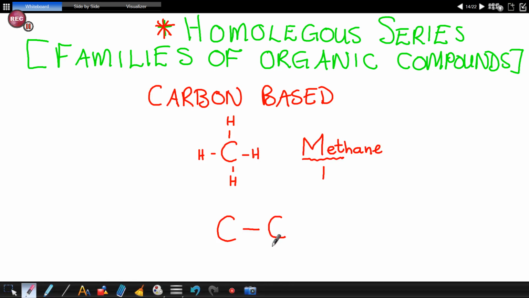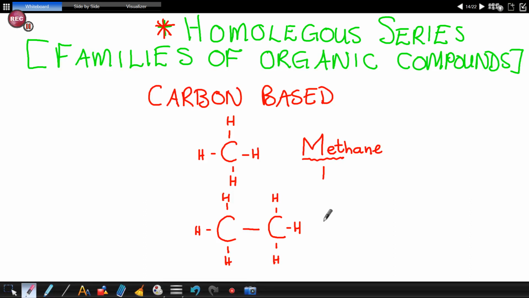Each carbon must form 4 equally strong covalent bonds. So my second smallest organic compound has 2 carbon atoms in the chain, and it's got 6 hydrogens to it.